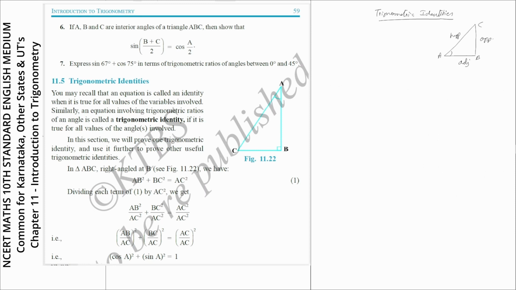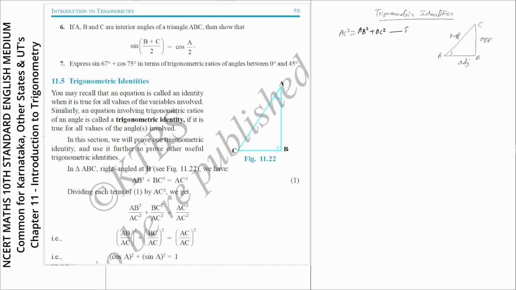The next topic in trigonometry is trigonometric identities. Now consider a right angle triangle ABC in which angle B is equal to 90 degree. So with respect to angle A, AC is the hypotenuse, AB is the adjacent side and BC is the opposite side. Now applying Pythagoras theorem, I get AC square is equal to AB square plus BC square.